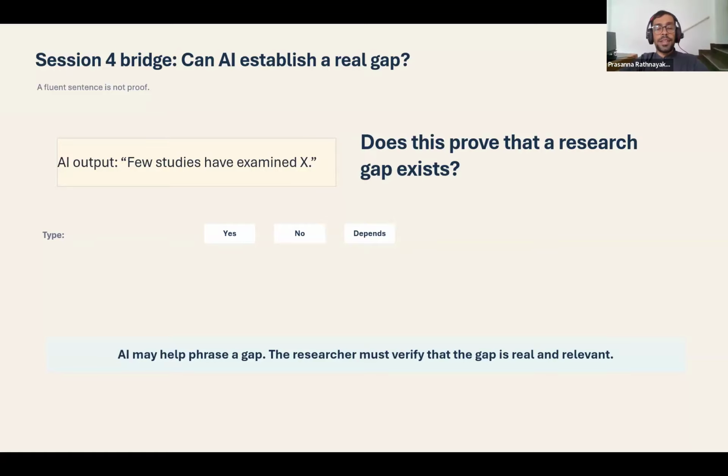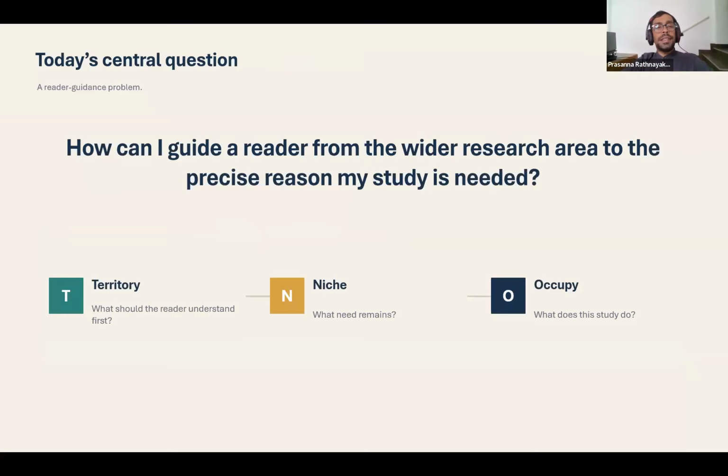Well, let's move on and see. What is today's central question? This is our central question for the entire morning. How can I guide a reader from the wider research area to a precise reason my study is needed?